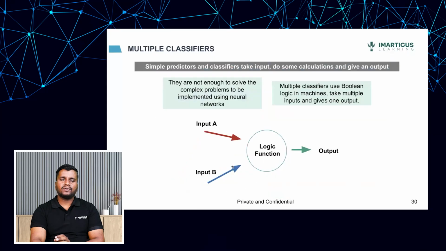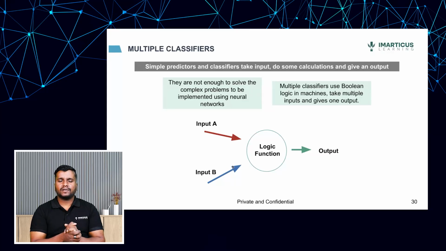Now if we talk about a multiple classifier: simple predictors are classifiers that take input, do some calculations and give an output. They are not enough to solve the complex problems to be implemented by neural networks. So for that, multiple classifiers use Boolean logic in machines and take multiple inputs and give one single output.